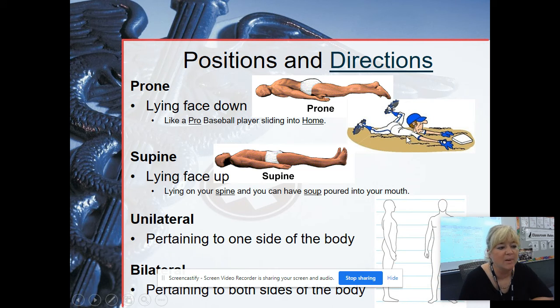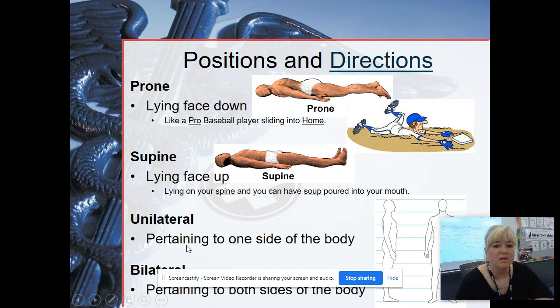Prone is laying on your belly. And supine is lying face up. So this is lying on your spine, and you can have soup poured into your mouth. Those are little tricks. So I think of supine on your spine, supine on your spine. That's how I remember. I don't really have any hand signals for that.